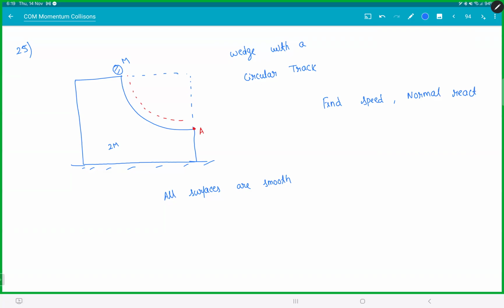This would be an advanced multiple choice question. The same question again, we'll do it in rotational mechanics. That will be a deadly one. Find the speed and normal reaction when the ball reaches A. Think how to do it. Take 2-3 minutes, figure it out.